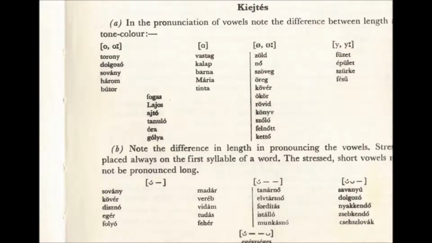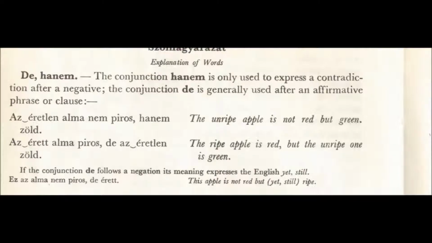Pronunciation of vowels. So, then we have two words, de and hanem. Those are conjunctions. Those words are used when you want to put two sentences together. There is a difference between these two words. The first one, hanem, is used after a negative, used to express a contradiction.